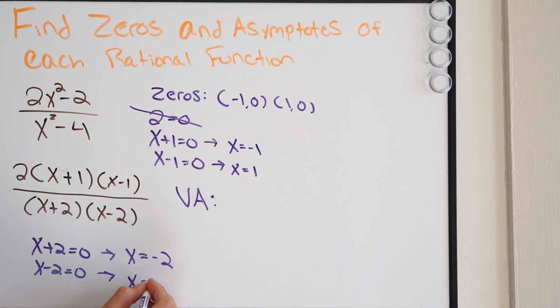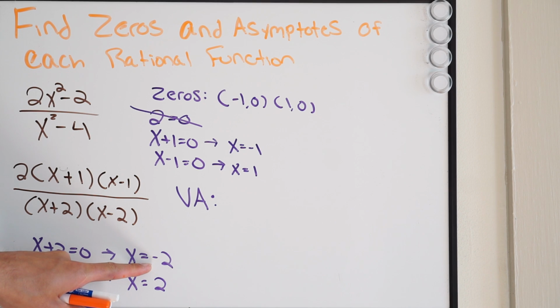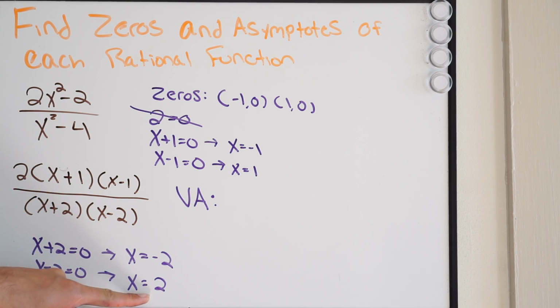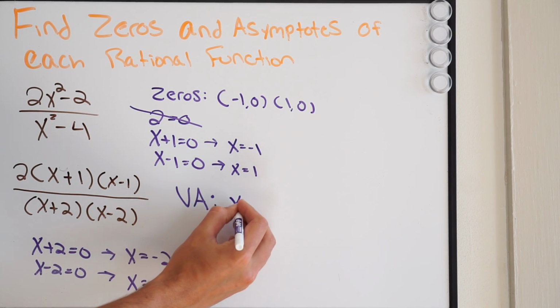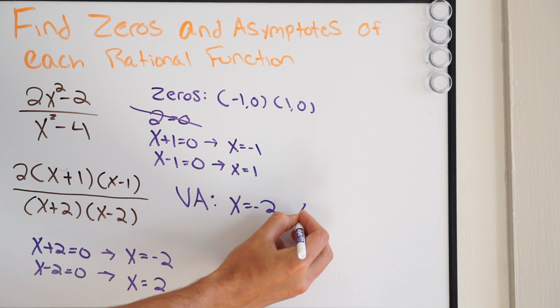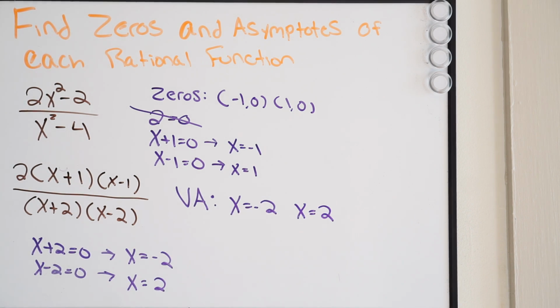We'll get x equals positive 2. Okay, so this tells me that my domain is going to be all real numbers except for negative 2 and 2, meaning that's where the vertical asymptotes are going to be occurring. So we can write here x equals negative 2 and x equals positive 2. That's where the vertical asymptotes are occurring.